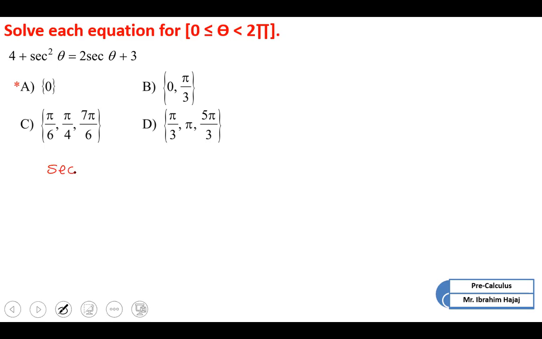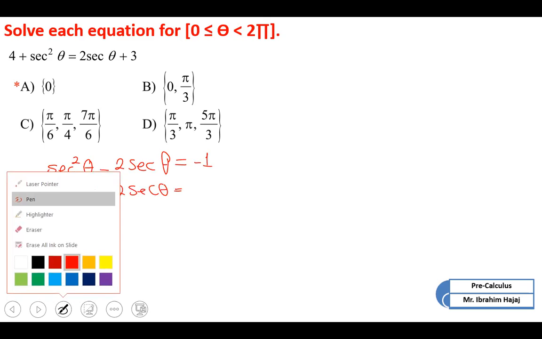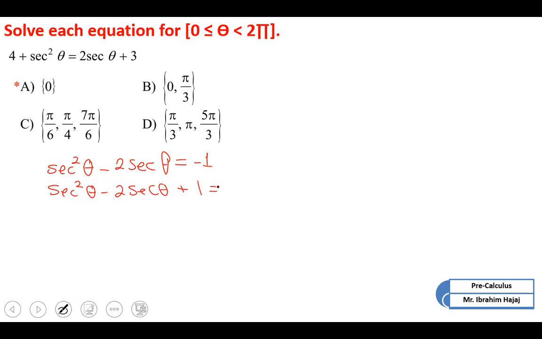So let's write it as secant squared theta minus 2 secant theta equals what? 3 minus 4, which is negative 1. So again, we can write it as secant squared theta minus 2 secant theta plus 1 is equal to 0.